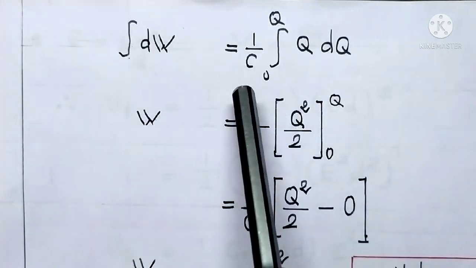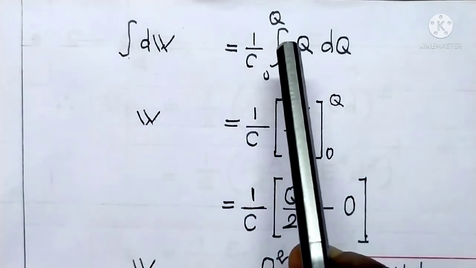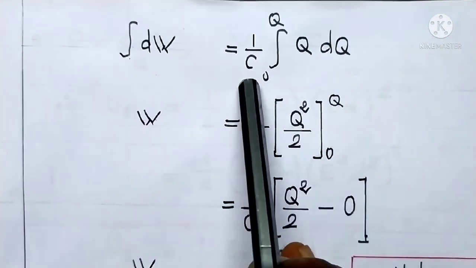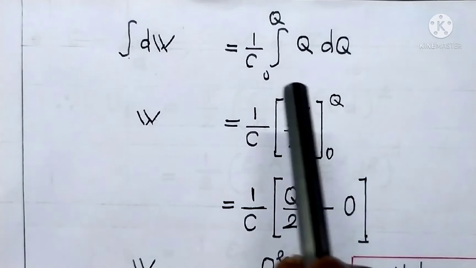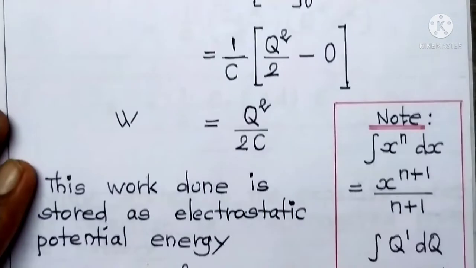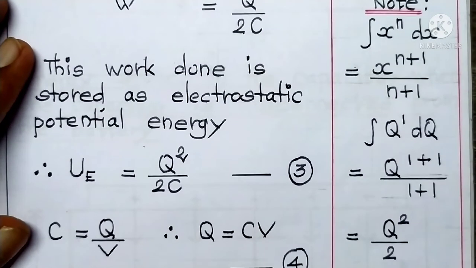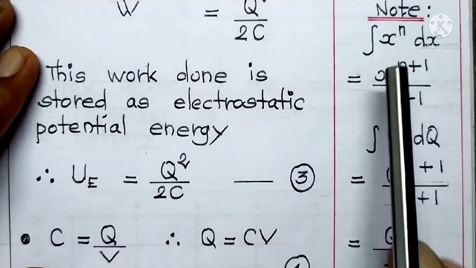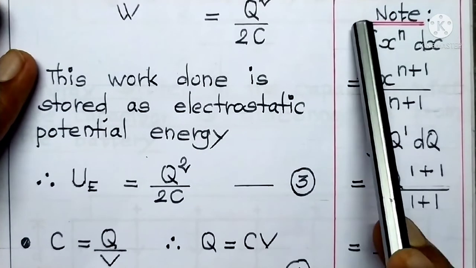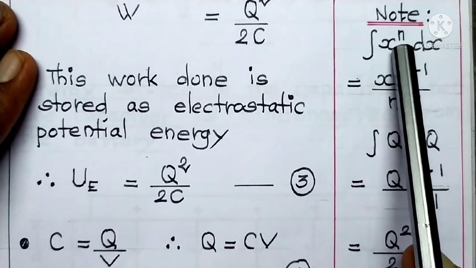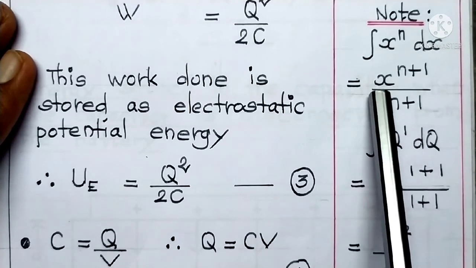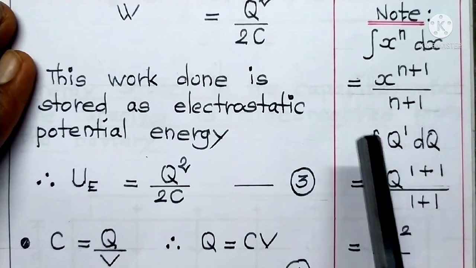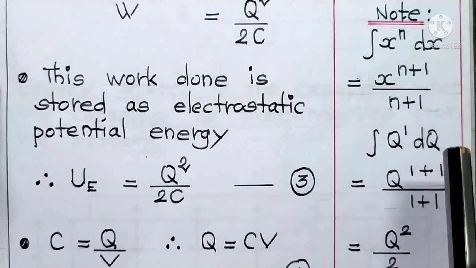So, what is the value of integration of x dx? First, let us know the value of integration of x dx. Then we'll come to this part. Here a note is given: integration of x to the power of n dx is equal to x to the power of n plus 1 divided by n plus 1.